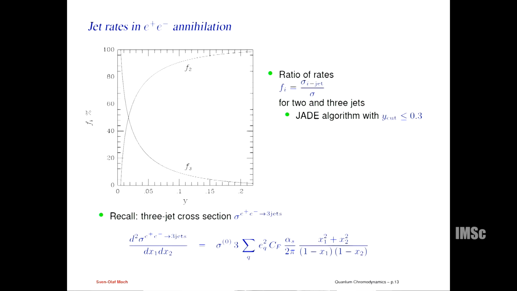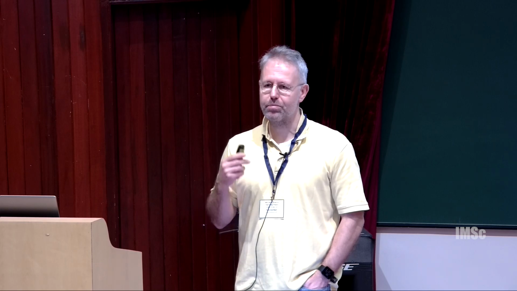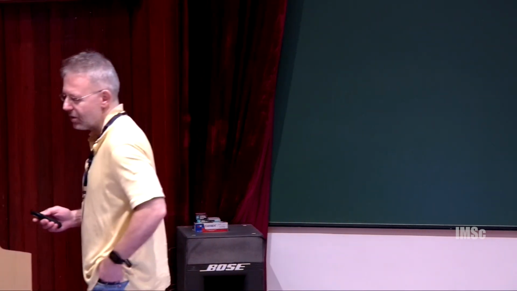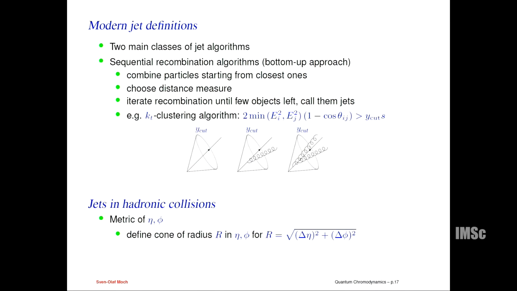So in order for your prediction to be sensible, it should be infrared safe somehow, but it should also allow for a large enough cross-section to be measured experimentally. And so this is why, at the LHC now, when we define jets with a certain cone R, the measurements are actually taken for different cone sizes.